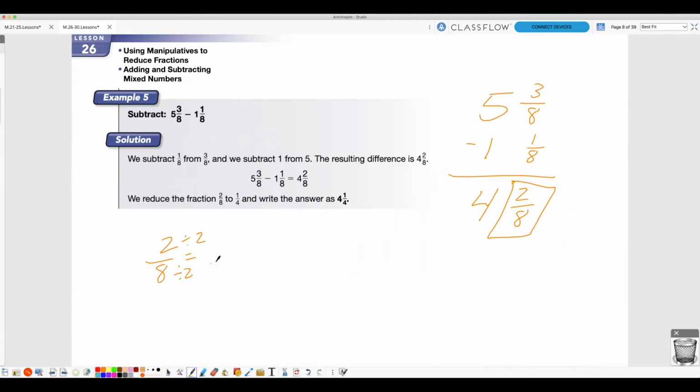This is also divisible by 2, which is technically like dividing by 1 whole in a sense, but you've got 1/4 in that case. So 2/8 is an equivalent fraction. It's reduced to 1/4. So it'd be 4 1/4 for the final answer.